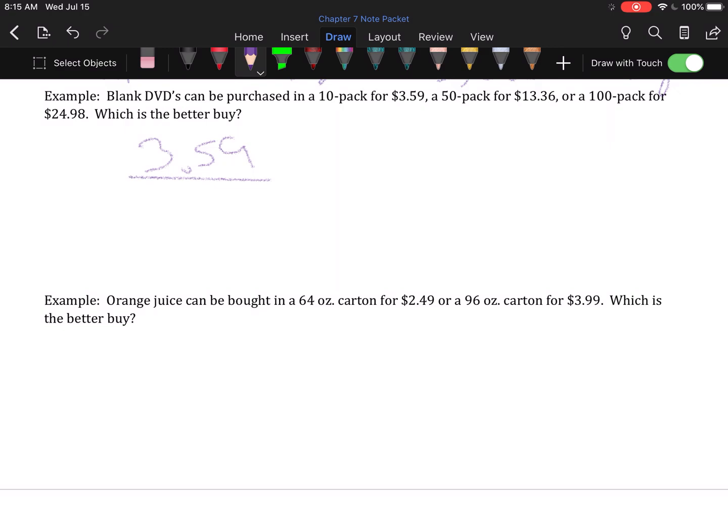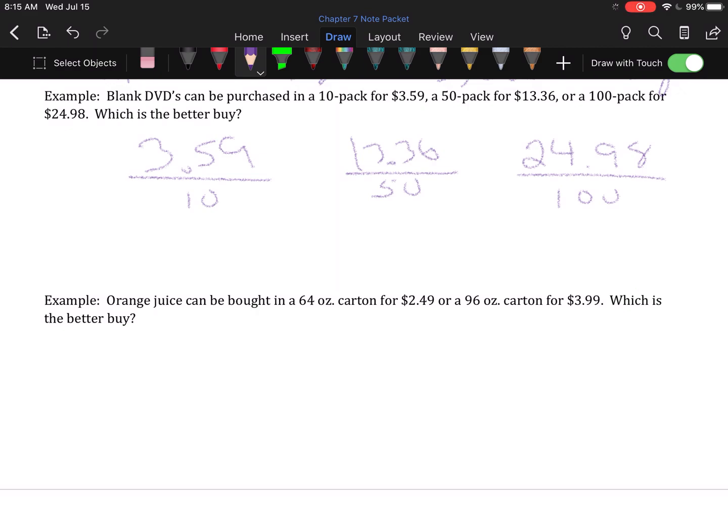So we've got $3.59 for a 10-pack, $13.36 for a 50-pack, and $24.98 for a 100-pack. We're asked which is the better buy. To figure that out, I need to know the unit price, which means I need to do these 3 pieces of division.